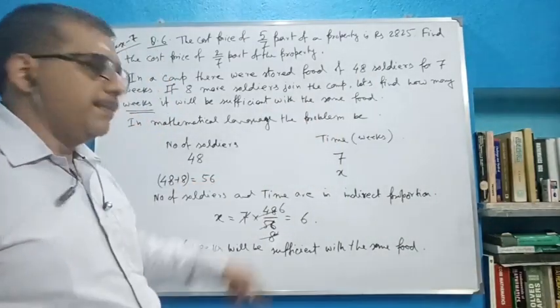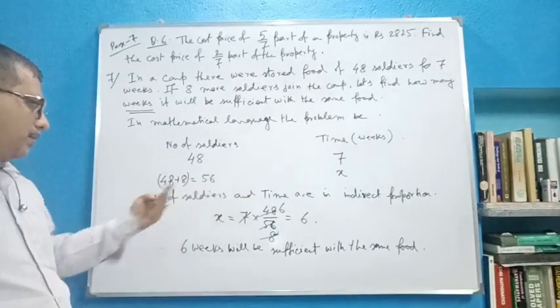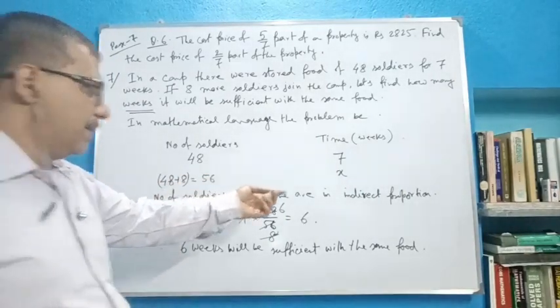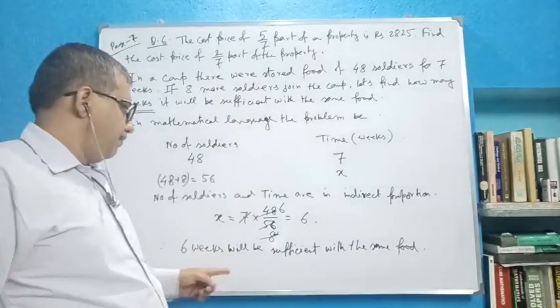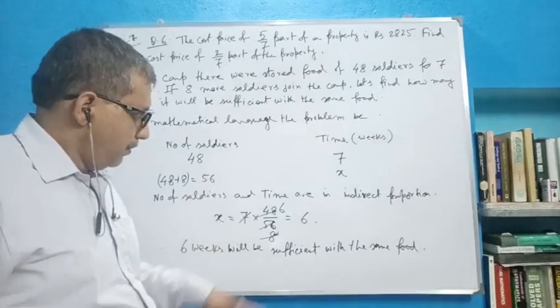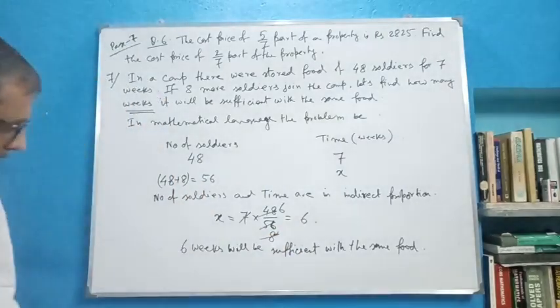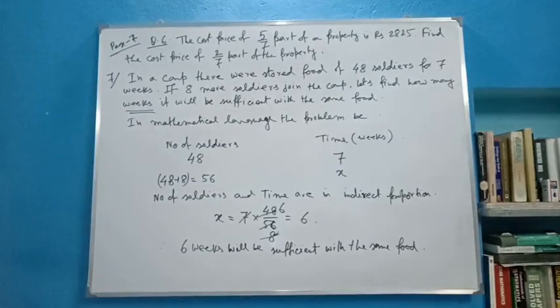So these are in indirect proportion. Write in mathematical language: number of soldiers and time are in indirect proportion. Therefore, x is equal to 7 multiplied by 48 by 56. After simplification, we get 6. So 6 weeks will be sufficient with the same amount of food. Next we start another problem.